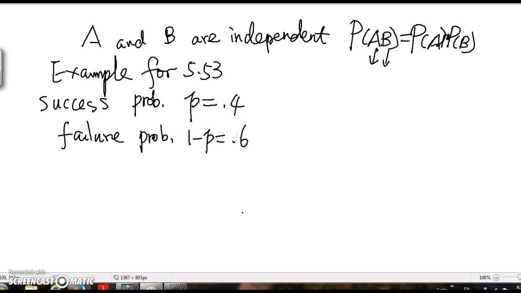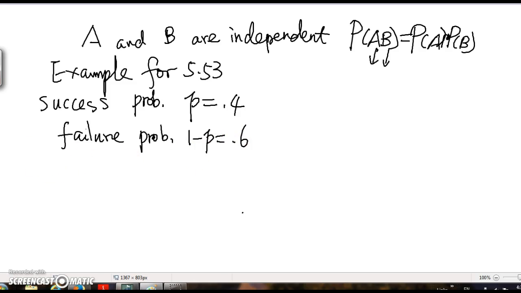Again, because we're talking about Bernoulli trials, there are only two outcomes, either success or failure. Of course, the probability of the success and the failure is going to add up to 1. And so that's why we can find 1 minus P equals 0.6.